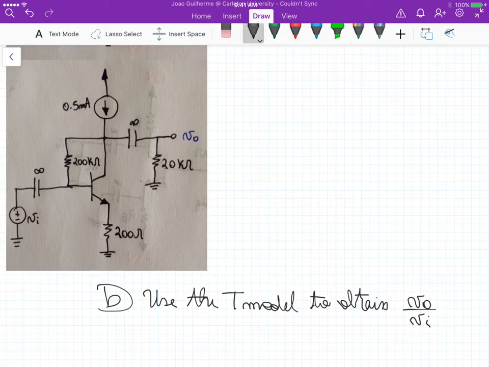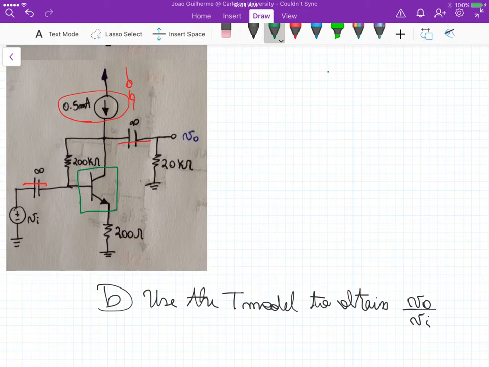Because we have this current source here, it becomes an open circuit, so we just take that current source off. This capacitor becomes a short circuit. This one here also becomes a short circuit. And then we substitute this NPN BJT by its T model.